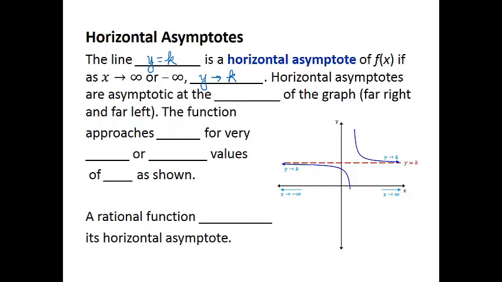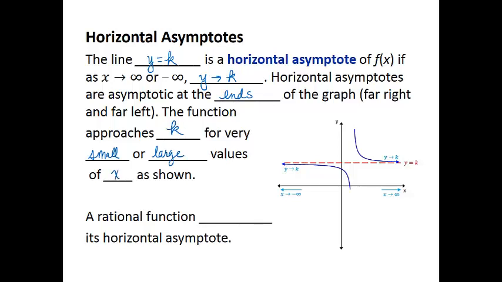Horizontal asymptotes are asymptotic at the ends of the graph. That is, the far right and far left of the graph. The function approaches k for very small or large values of x as shown.